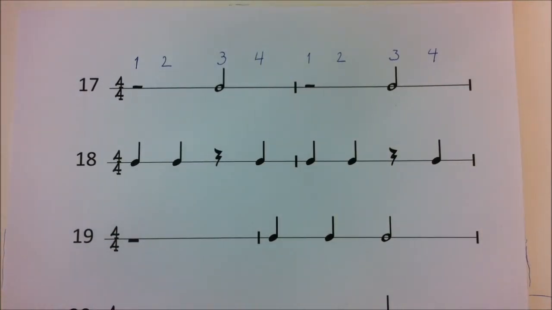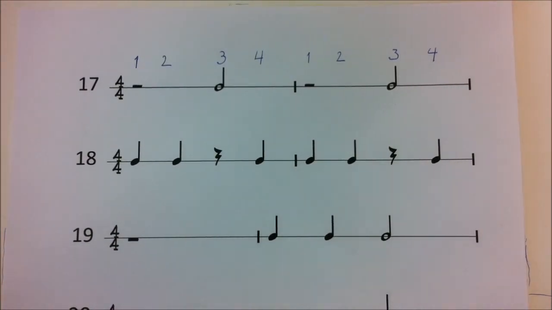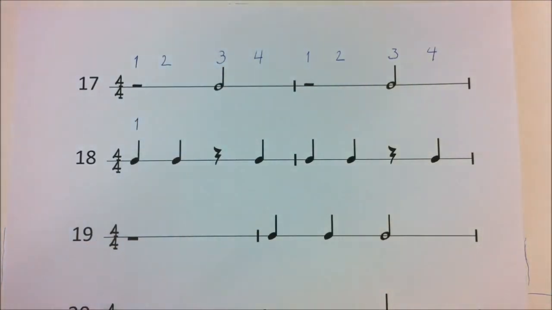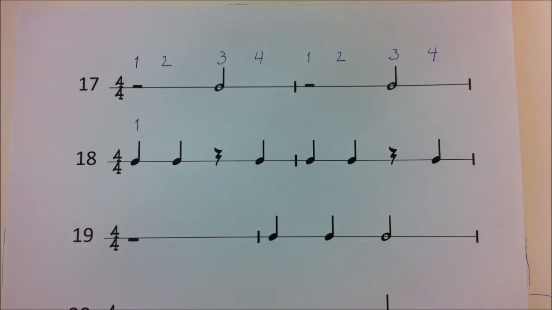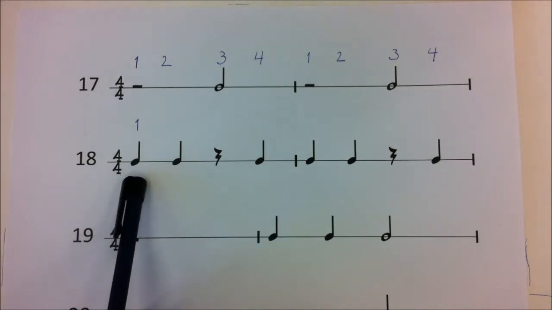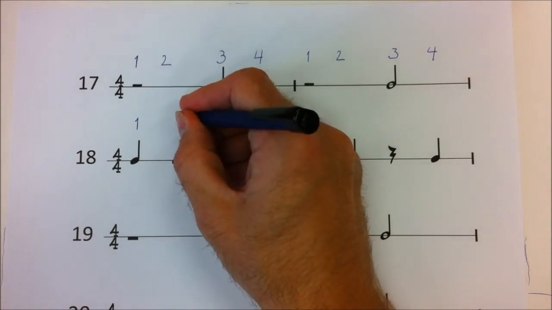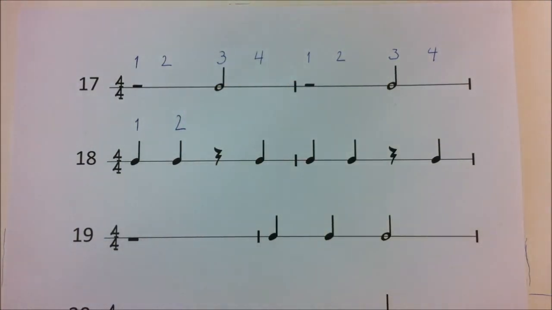We'll look at the next rhythm as well, number 18. It's starting out with this note, and no matter what note this is, it's always on beat number 1. This is a quarter note, so it's only covering the 1st beat. That means that the next thing is on beat number 2, in this case also a quarter note, so that would cover the entire 2nd beat.